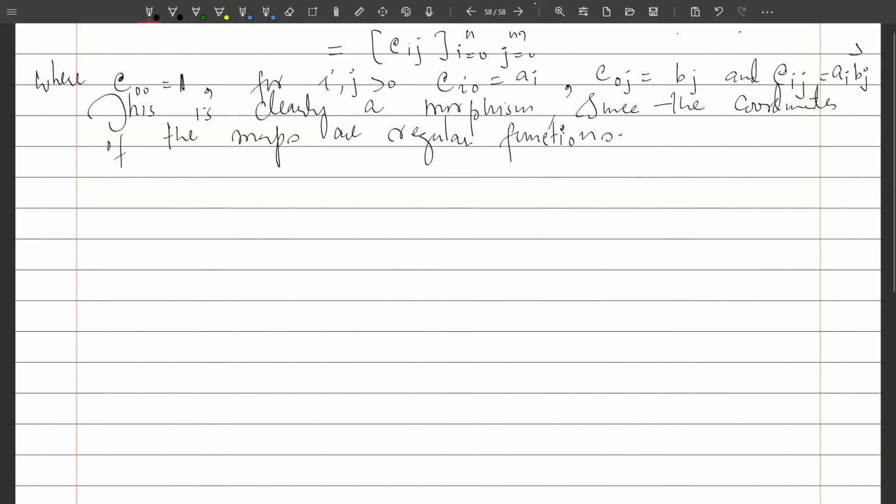Now for that, what we do, we just write the coordinate functions of this big space Pn. So let us define the coordinate functions of Pn by zij. So let zij, where i varies from 0 to n and j varies from 0 to m, be coordinate functions on this big space.